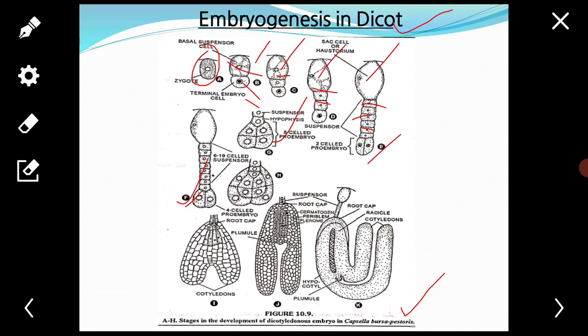Each of the 8 cells of the octant stage then divides by periclinal division to form an outer protodermal cell and an inner cell.